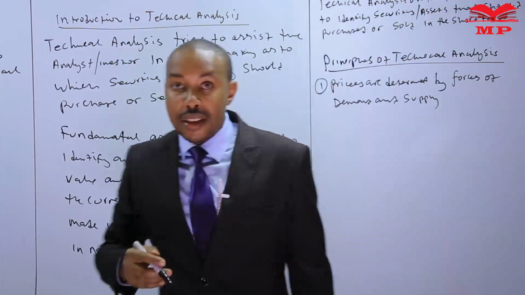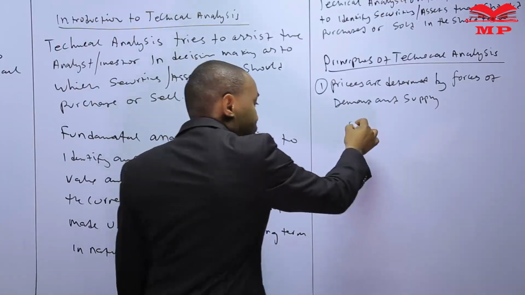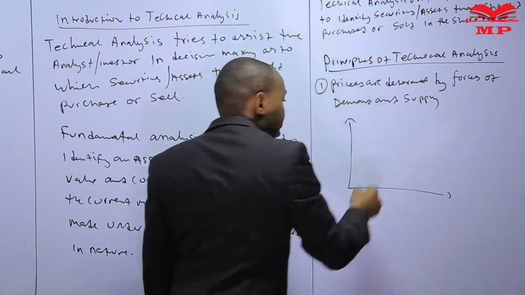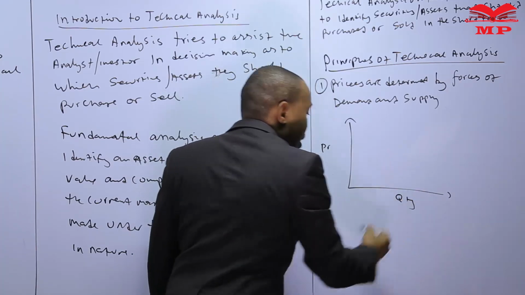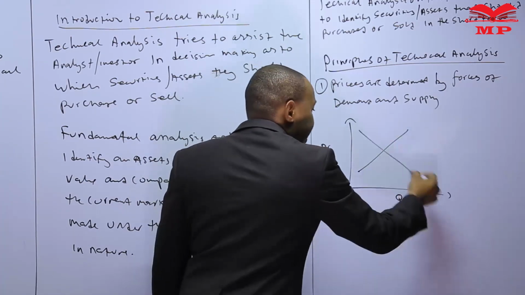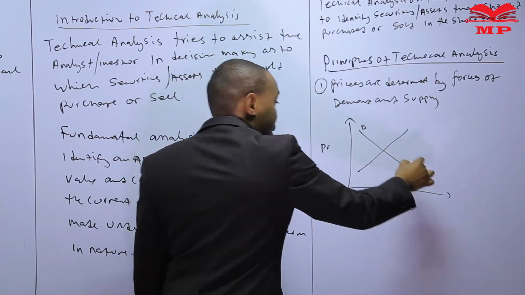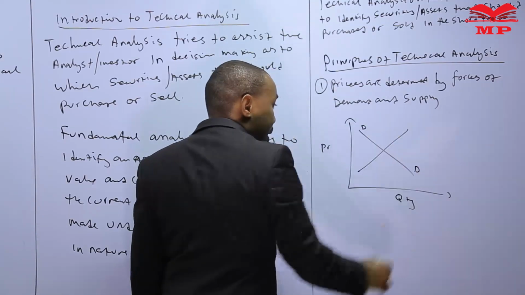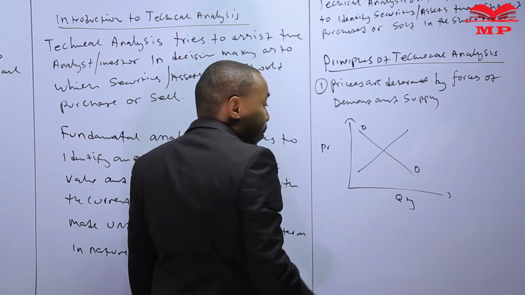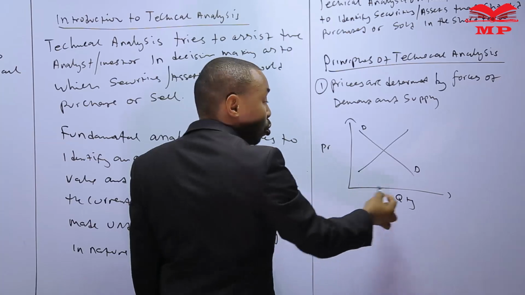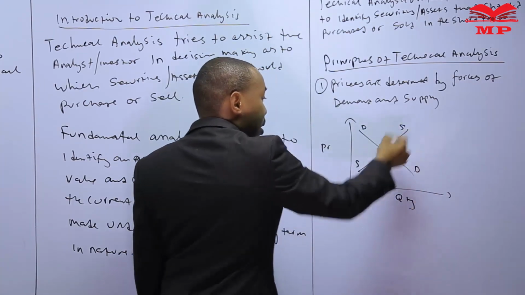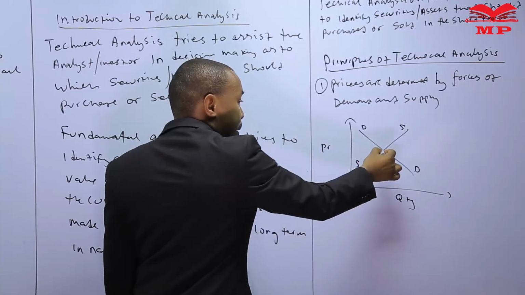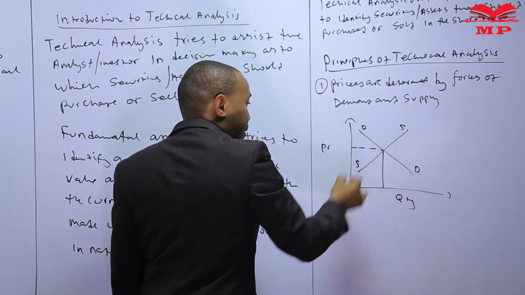So we are saying that the demand for securities, if we have that demand curve here, so we have price and over here quantity like that, the forces of demand and supply. The demand curve is this one. I recall my economics, I remember the demand curve would go like that. And the supply curve would increase. You'd want to supply more to the market if the prices are increasing and like that. So that is the demand versus supply curve there like that.